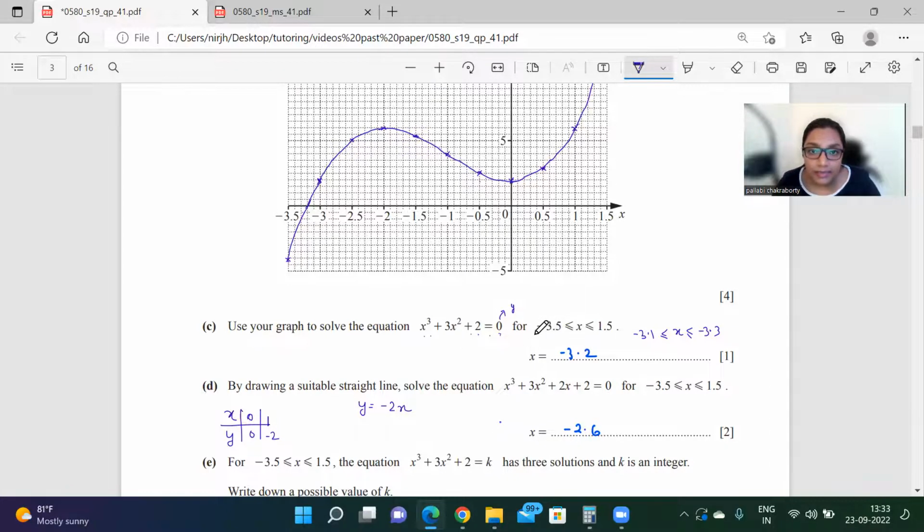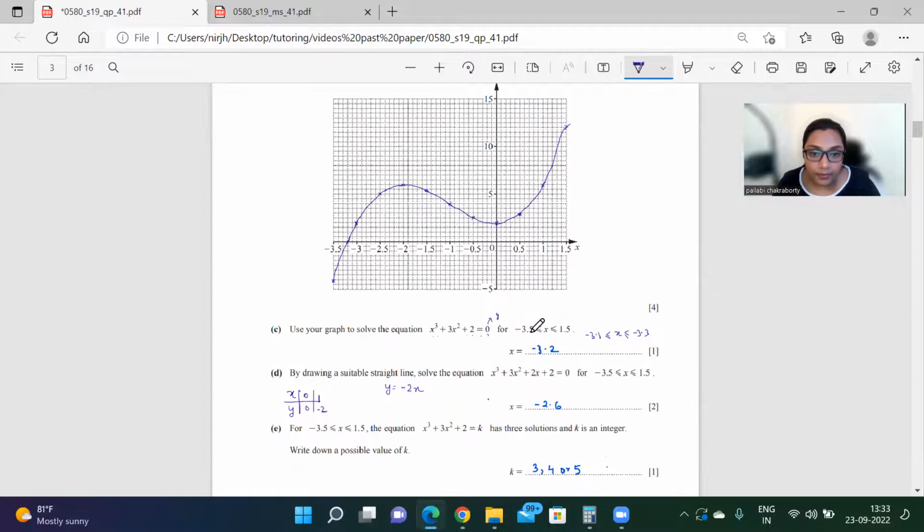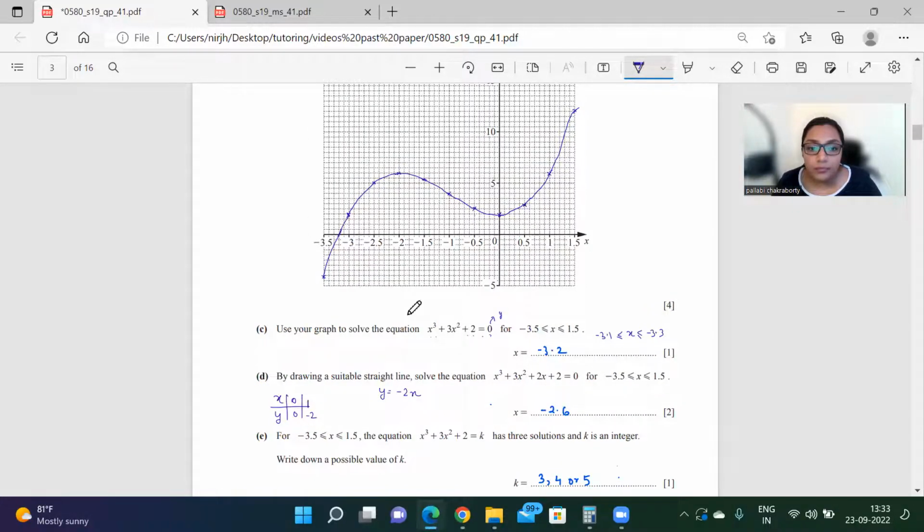Now I'm plotting the points. If I take x as 0, y is also 0. So this is my first point. If I take x as 1, y becomes minus 2. Remember, 2 of these boxes is 1, right? So 1 and 2, this is my minus 2 when x is 1.